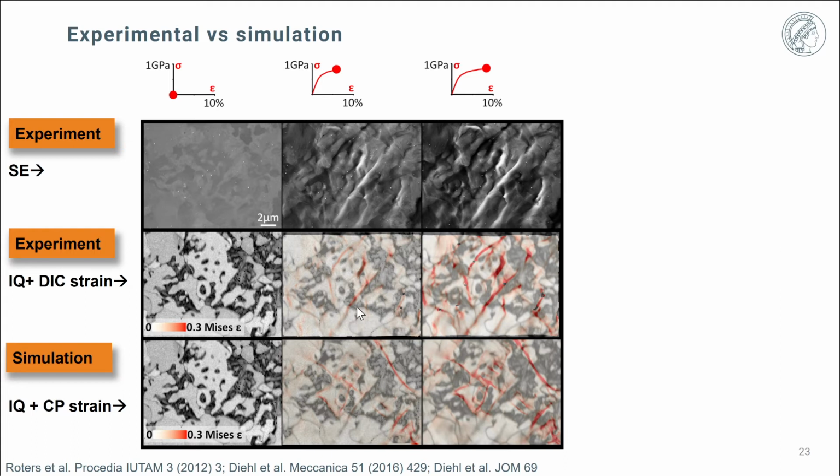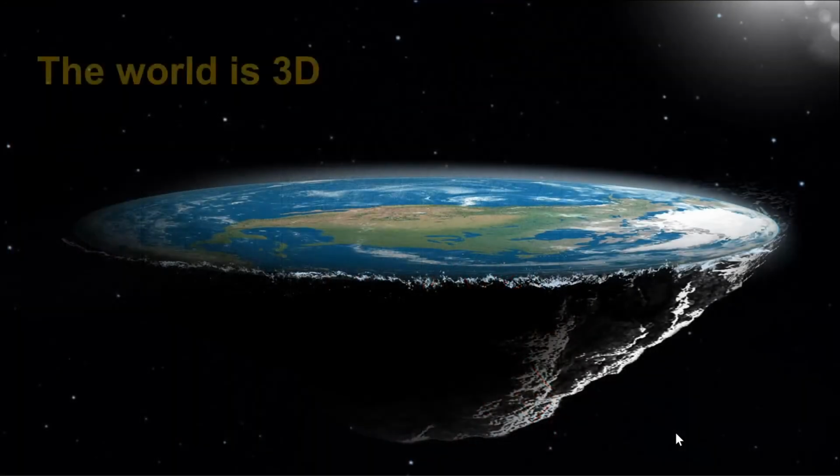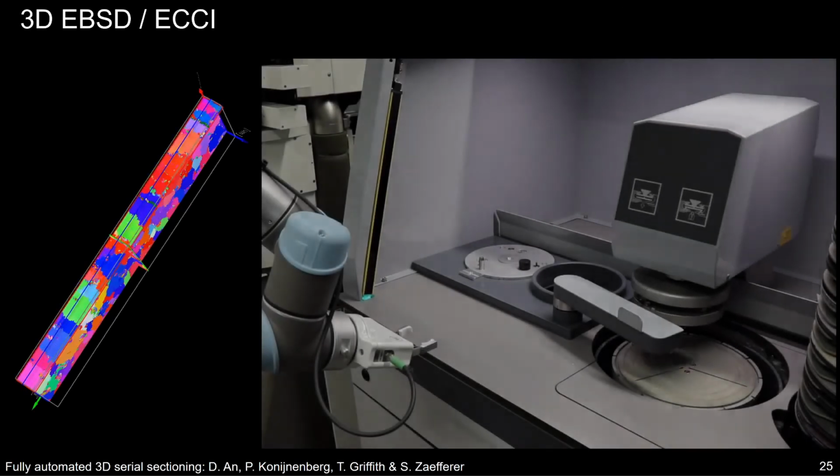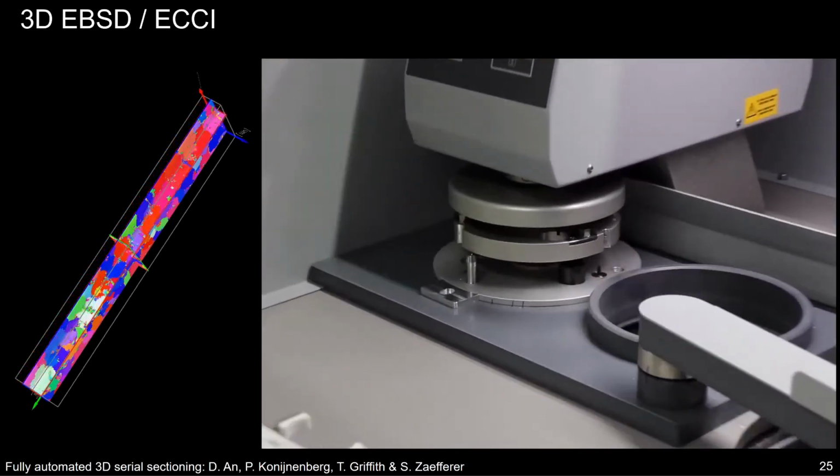So the global deformation of martensite versus ferrite is captured quite nicely, but the higher concentrated deformation peaks, which are highlighted here in terms of the red color, are often not captured very well in high fidelity between the experiment and the simulation. So that prediction was not very good. And the reason is that the world is, of course, on the microstructure scale also three-dimensional and not just two-dimensional.